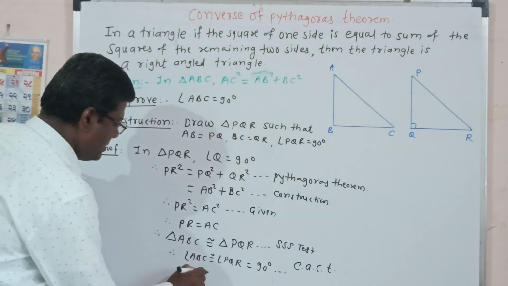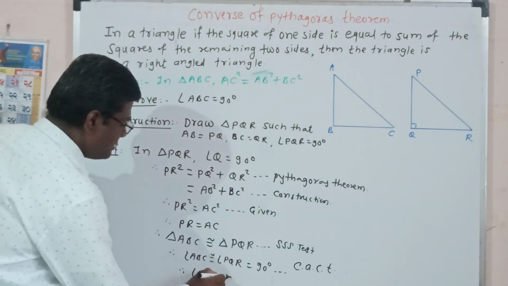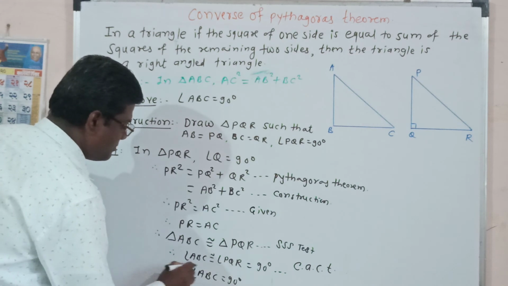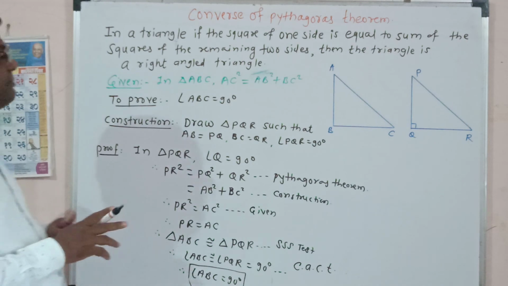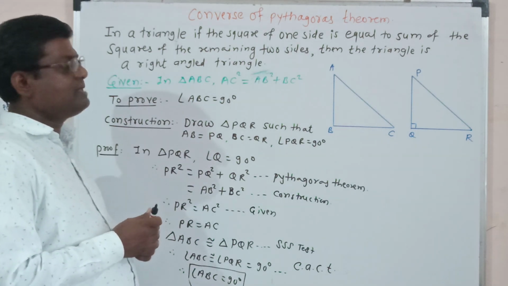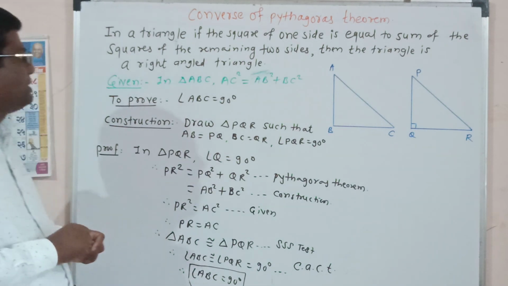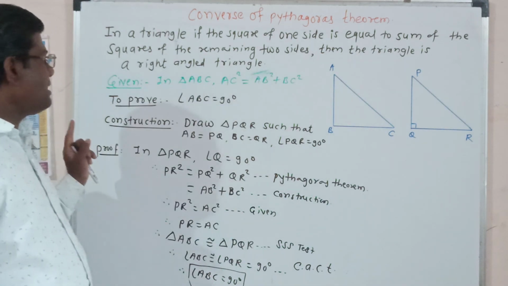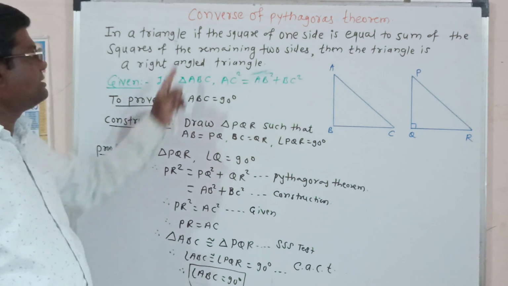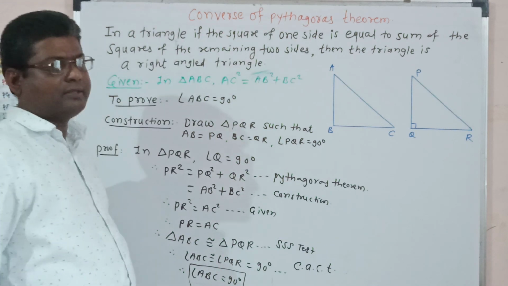Therefore, angle ABC is equal to 90 degrees is proved. So, in a triangle, if the square of one side is equal to the sum of the squares of the remaining two sides, the triangle is a right angled triangle. This is the converse of Pythagoras theorem.